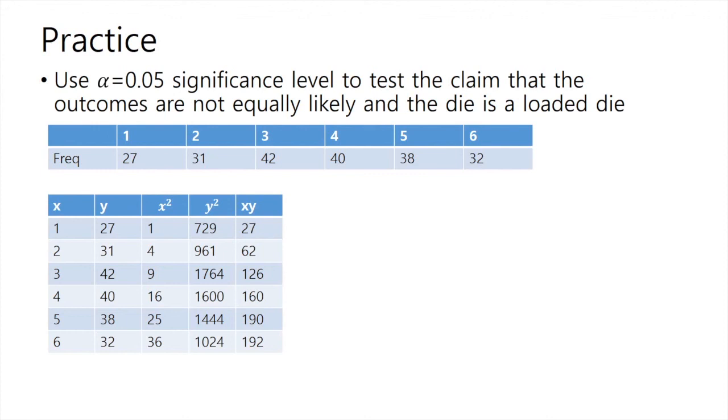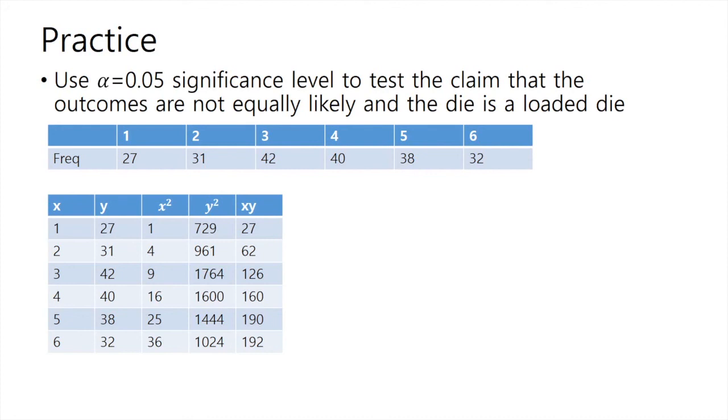Using the x and y given from the above table, we can calculate x squared, y squared, and xy. Since x is 1, x squared will be 1. Since y is 27, y squared will be 729. Using this number, we can see that xy is 27.